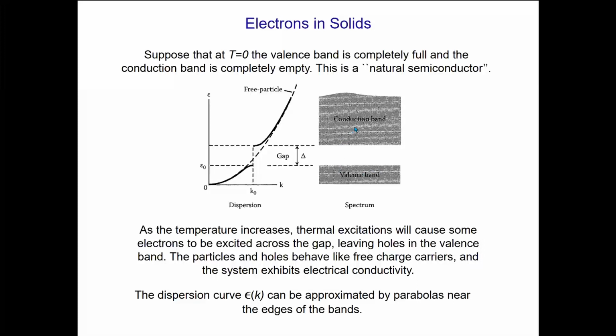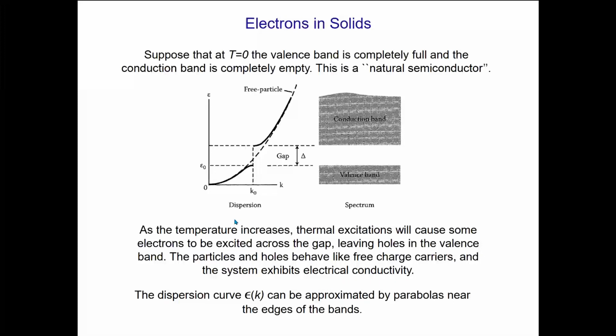As the temperature increases, thermal fluctuations will cause some electrons to be excited across the gap, because the gap is not that large, leaving holes in the valence band, as I explained before, and creating particles in the conduction band. So these particles and holes behave like free charge carriers, and the system exhibits electrical conductivity.